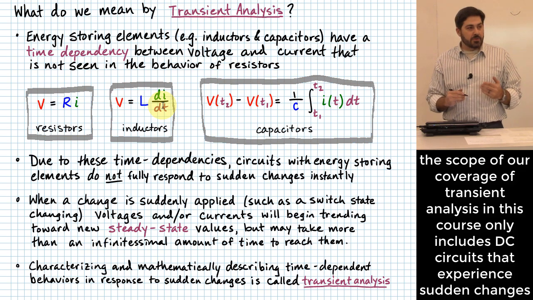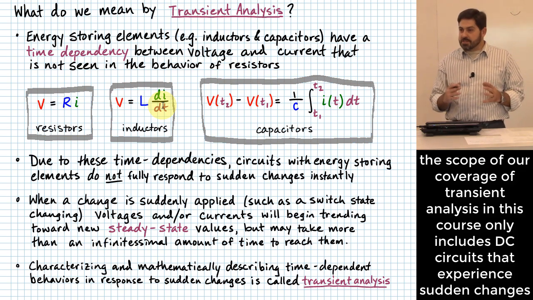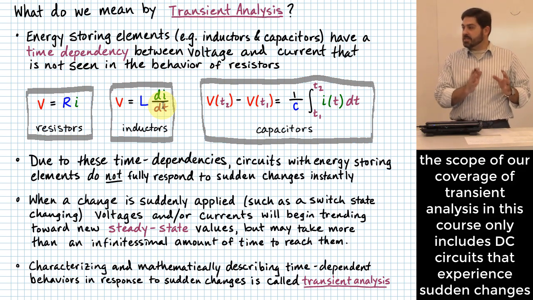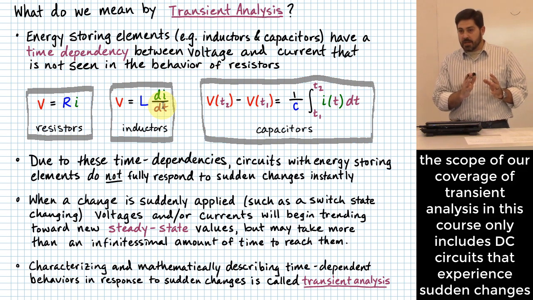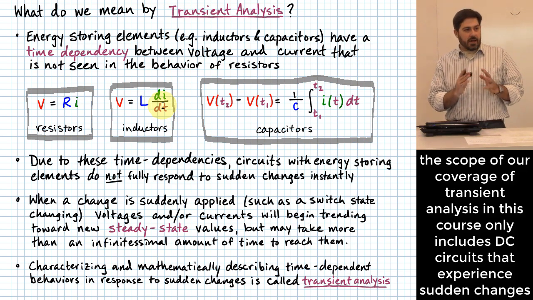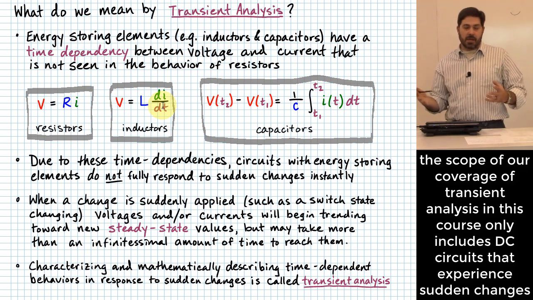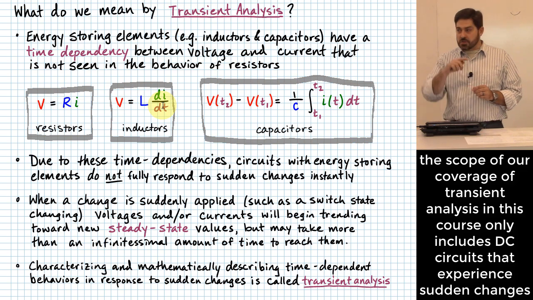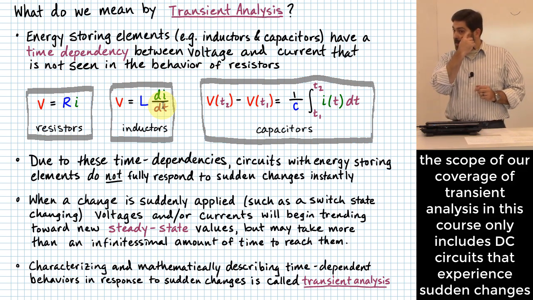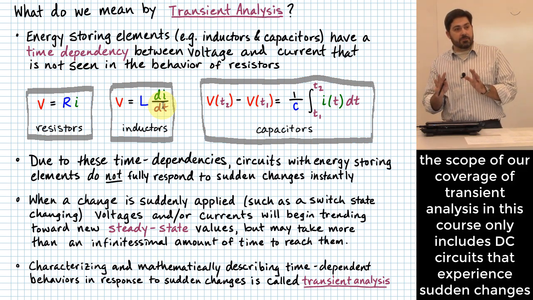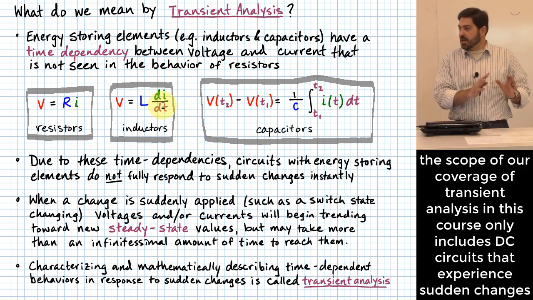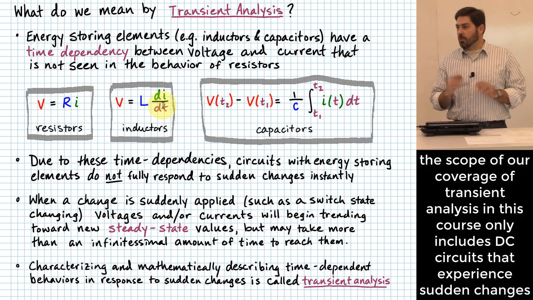I will mention this as well. As of right now, we are going to be talking about transient analysis in DC circuits. Okay, that means that we are not setting up sources that are designed to change continuously over time. The big example of that might be sinusoidal sources. Now it's not that transient effects don't exist in sinusoidal, AC kinds of problems, but that's not what we're talking about right now.